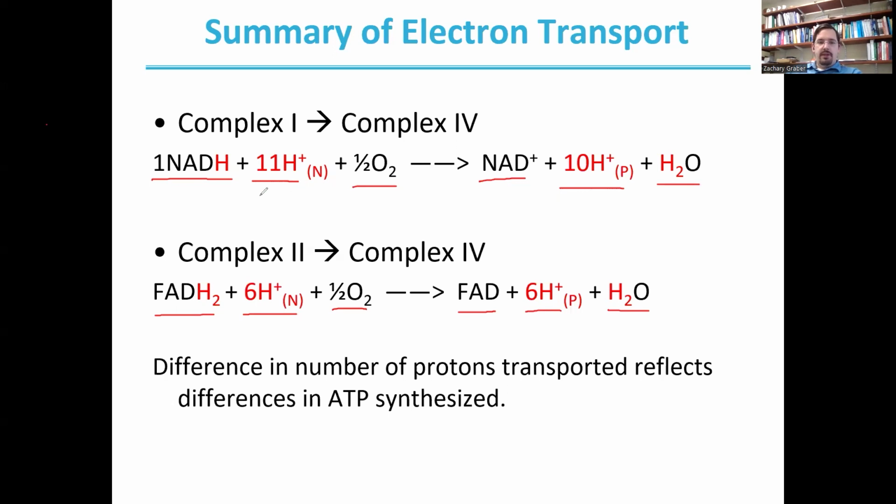Now, to break down the numbers of these protons a little bit more. Complex 1 took a total of 5 protons from the matrix side, when we count the protons from the transfer of protons across, as well as the protons that went into our ubiquinol.